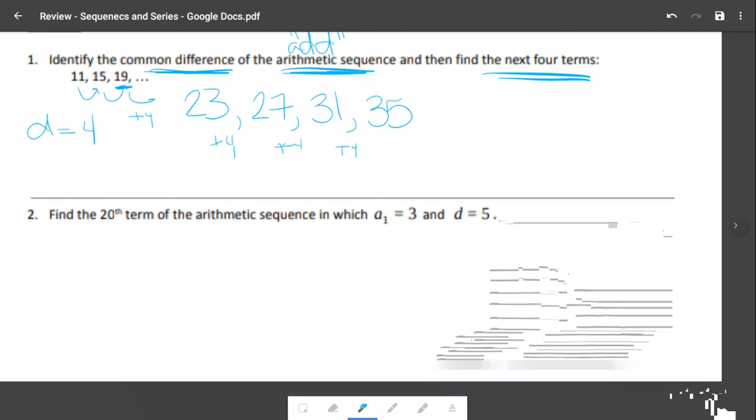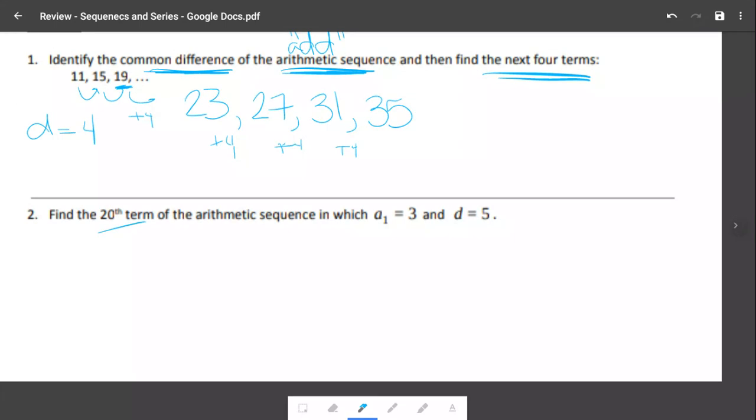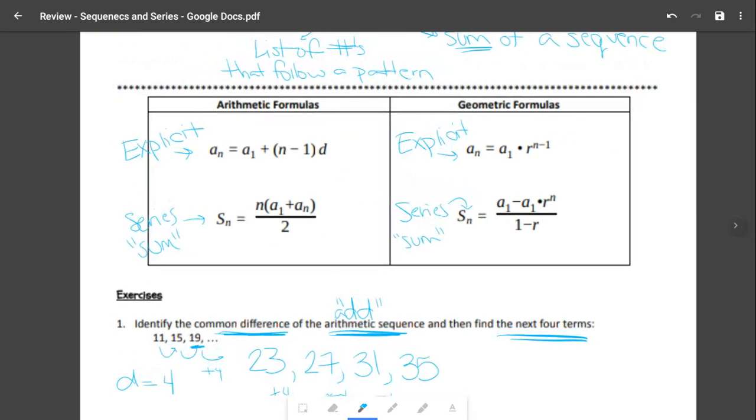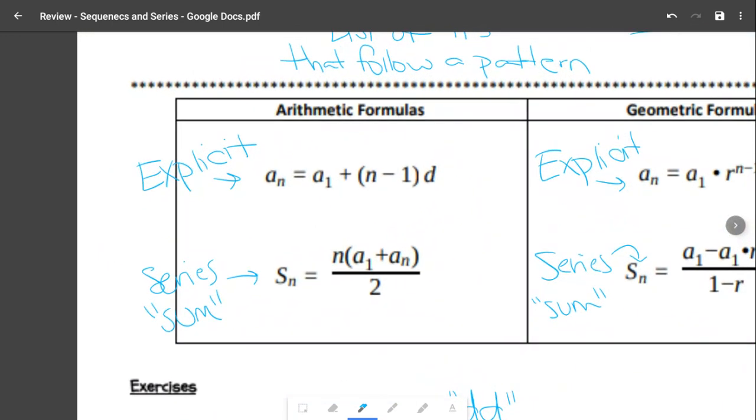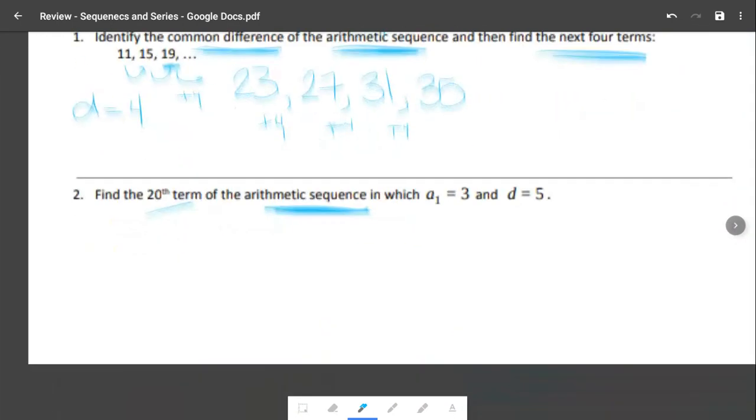Question 2. Find the 20th term of the arithmetic sequence in which A1 equals 3 and D equals 5. So this is arithmetic. We're using one of these 2 formulas. The Sn is talking about a series or a sum. That is not what we're looking for. So we're going to go with the explicit formula, the first one.